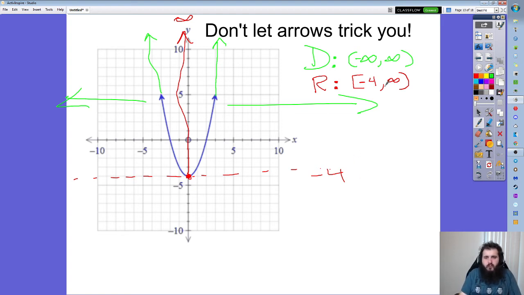So for the domain, notice negative infinity to positive infinity, that's everything, right? Nothing is skipped. We're not missing anything. So another way you could write the domain, the range is going to be the same.